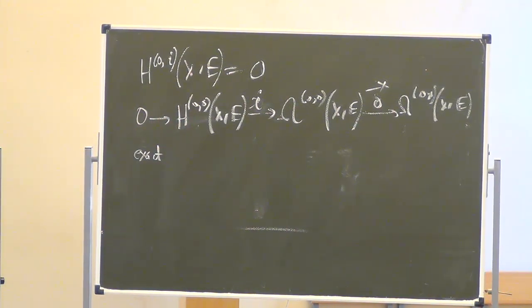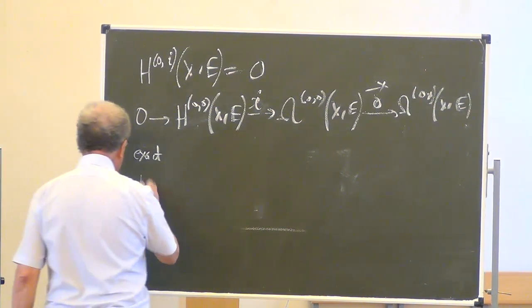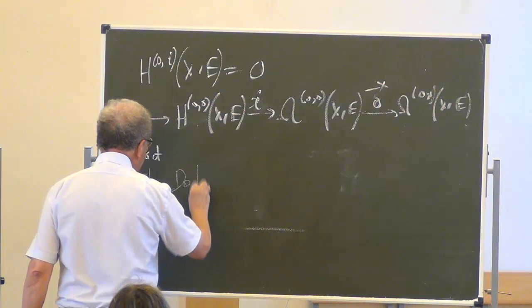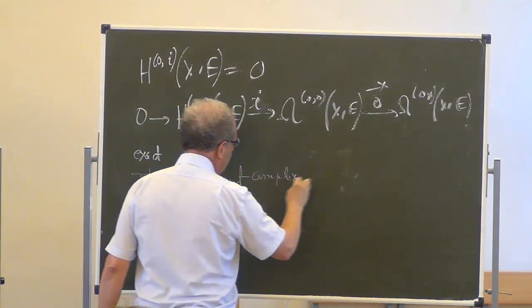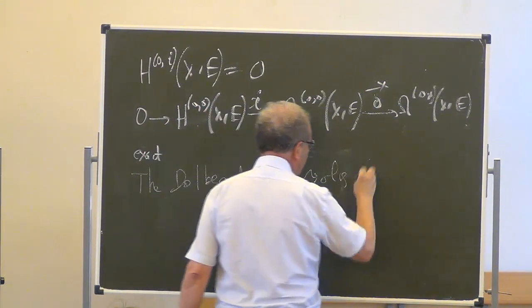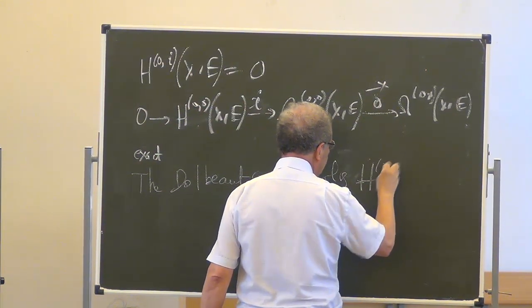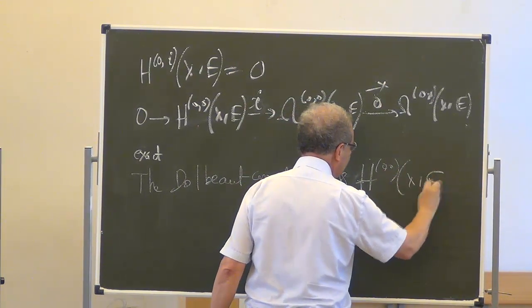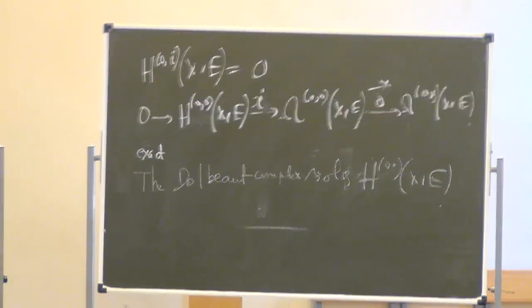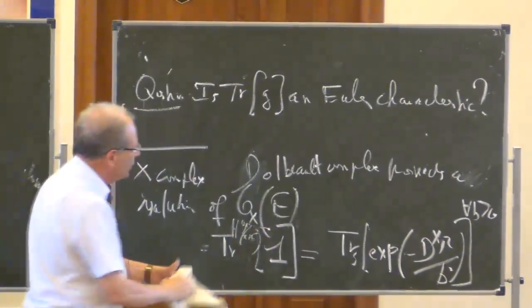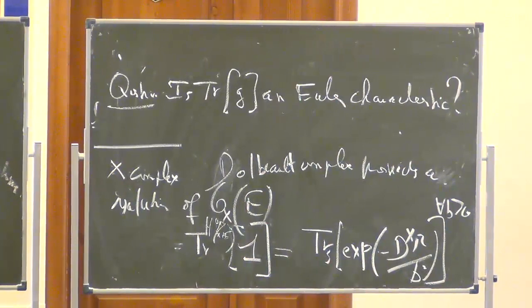This is just saying, in other words, that the Dolbeault complex is a resolution of H^{0,0}(X,E), resolves H^{0,0}(X,E). So basically then I will just cancel the supertrace and write that the trace on H^0(X,E) is equal to the supertrace on the resolution.